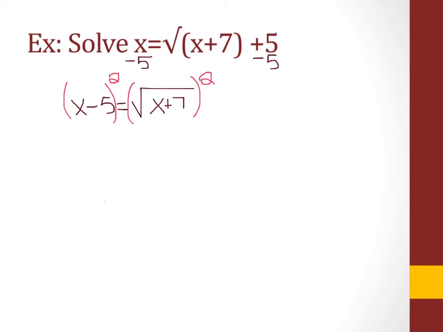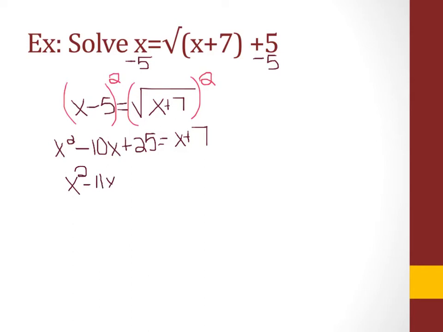Over here on the left side of our equal sign, that would leave us with x squared minus 10x plus 25 equals x plus 7. We want to move these terms over to the left side to simplify. That gives us x squared minus 11x plus 18 equals 0.